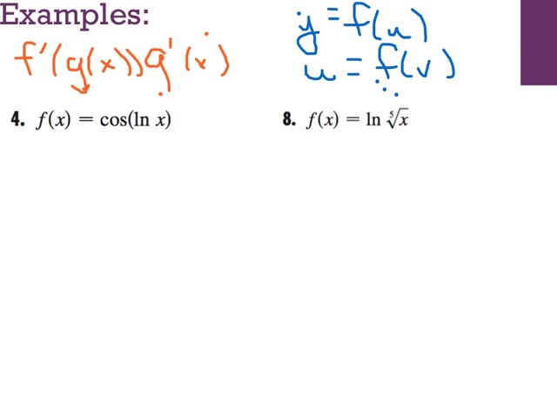Usually at least 3, sometimes only 2 functions, finding dy/du, du/dv, dv/dx, and so on, and multiplying them together. So use either method for all of these problems, and I'm just going to do enough of them so that you can tell when the new rule is involved.